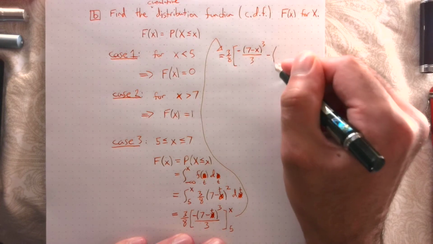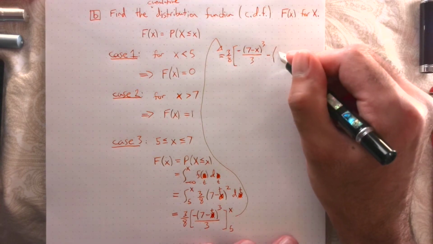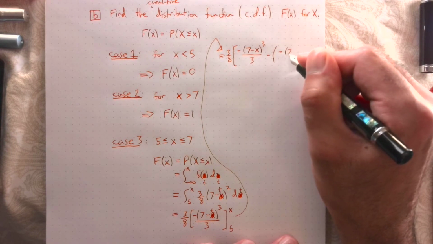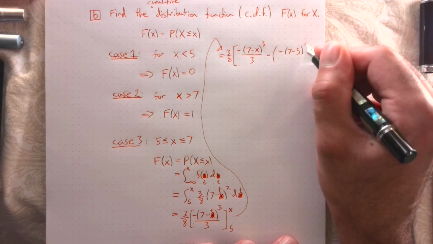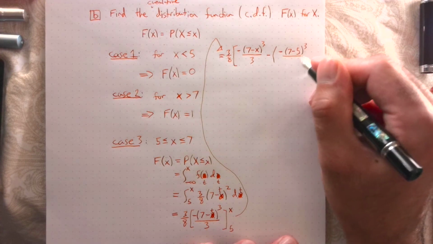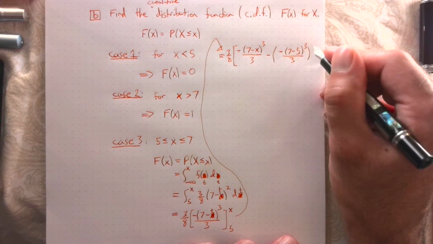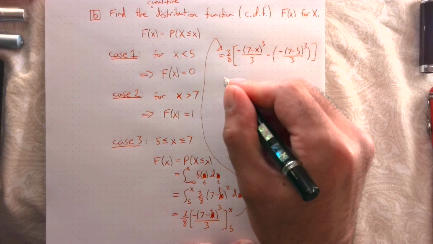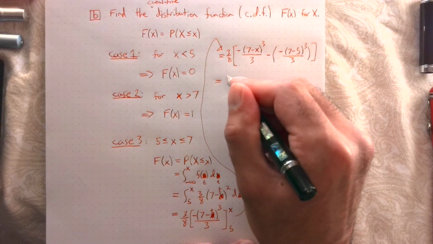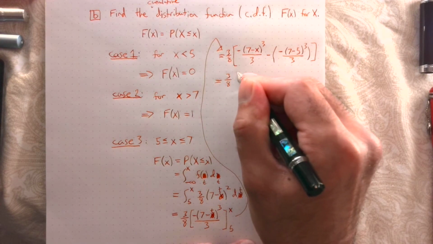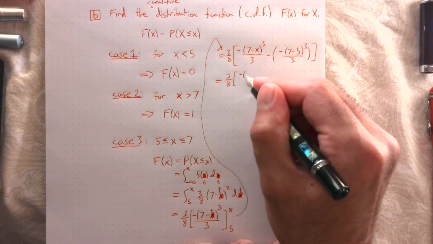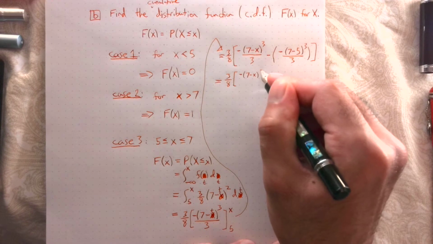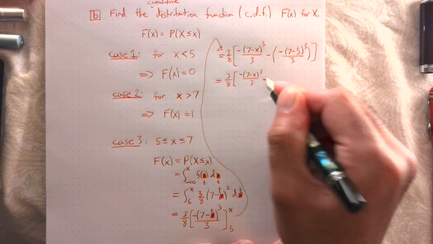And this is going to be minus (7 minus 5) cubed over 3. So let's see what we get. So this is 3/8. I'll leave this alone. So this is minus (7 minus x) cubed over 3.